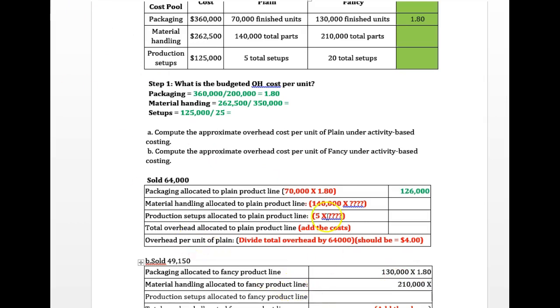Same thing down here for product setups. It says there's 20, so that's going to be 20 times whatever the driver is for this one. Again, you will add those up.